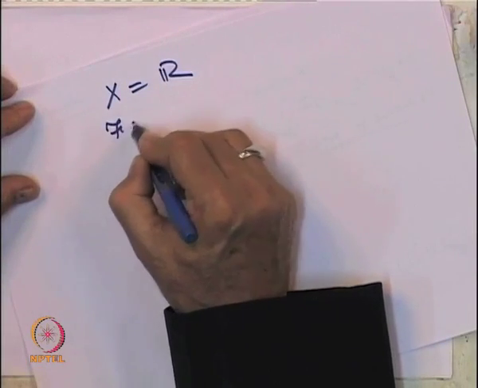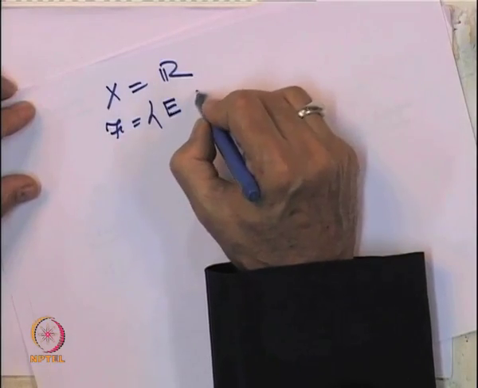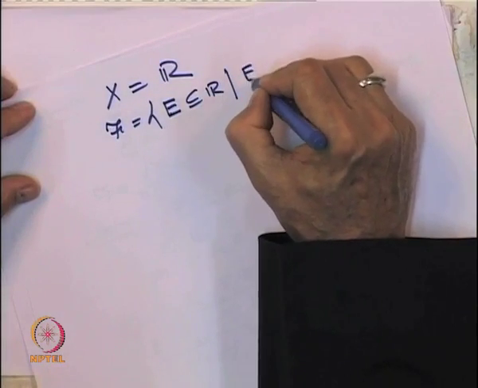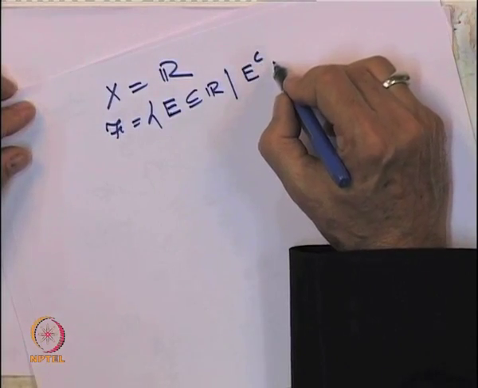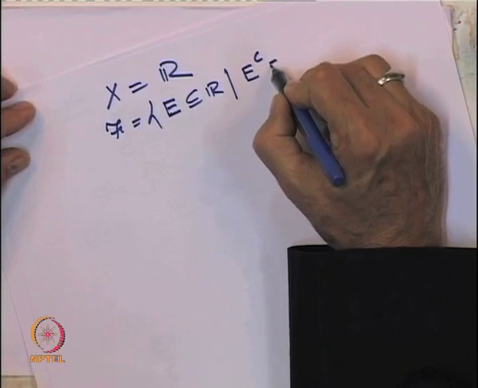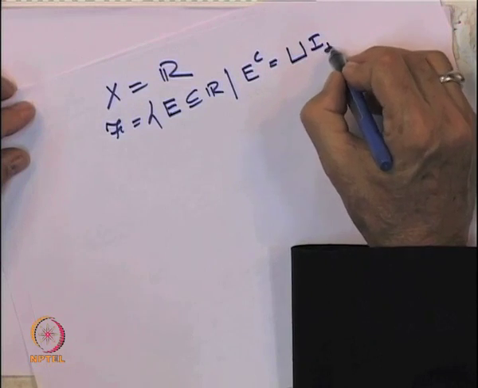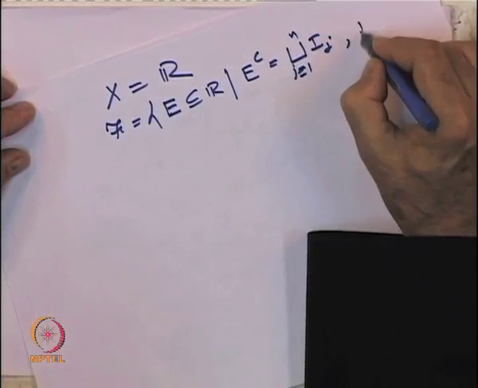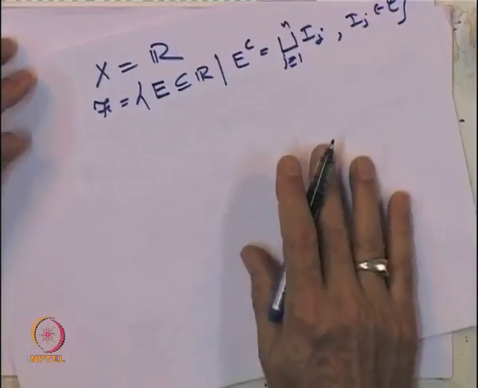Let us look at F, the collection of all those subsets E of R such that, instead of saying E complement is a union of two disjoint intervals, let me just write E complement is equal to a finite disjoint union of intervals I_j, j equal to 1 to n, where the I_j's are intervals and they are pairwise disjoint.